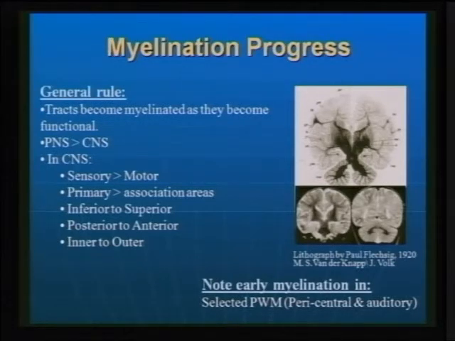So at birth, you expect the posterior part of the brain stem, as well as the majority of the cerebellar deep white matter, to be myelinated. Then there's the posterior limb of the internal capsule before the anterior limb, the splenium of the corpus callosum before the genu, the periventricular white matter before the U fibers, and the occipital lobes before the frontal lobes. So it is from bottom to top, from back to front, from inside to outside.